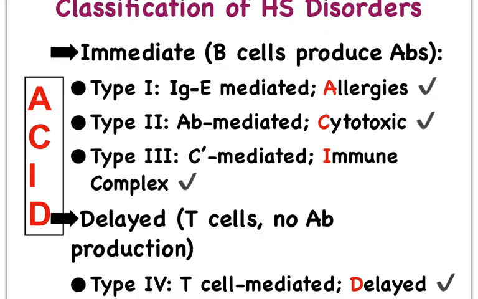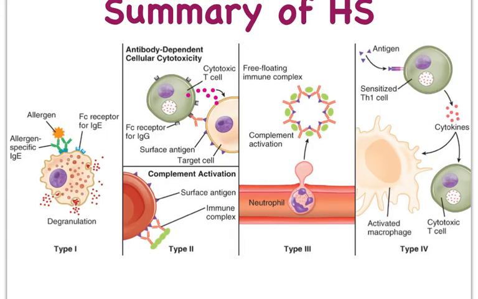And so we finally finished discussing type 1, type 2, type 3, and type 4 hypersensitivities, with the last one being a delayed type of hypersensitivity, which can take days, if not weeks, to occur. And here you see a nice diagram giving you an overview of the 4 types of hypersensitivities.